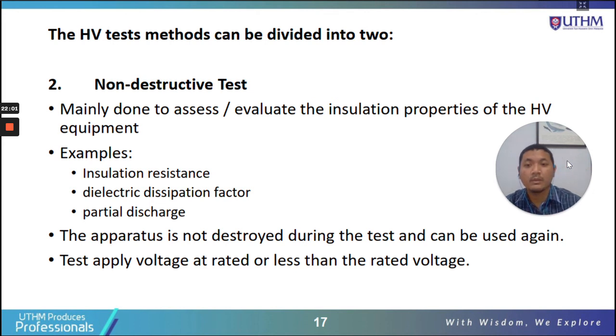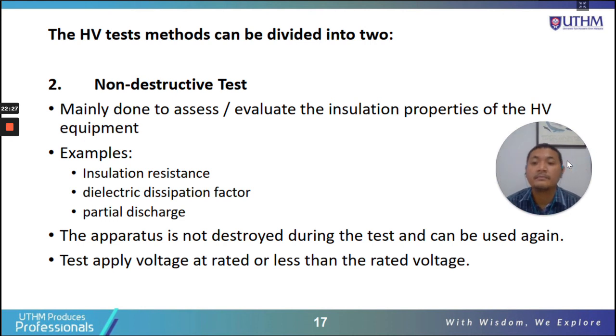Okay, usually rated voltage and below, because we want to assess, to check on the insulation properties. We want to check on the resistance. We want to check on the dissipation factor. All these are the insulation properties of the equipment.